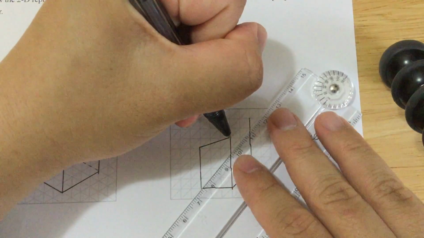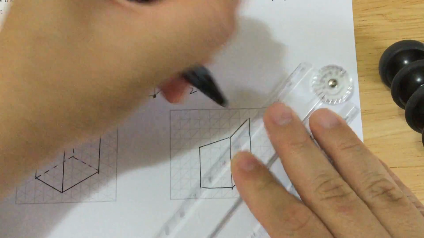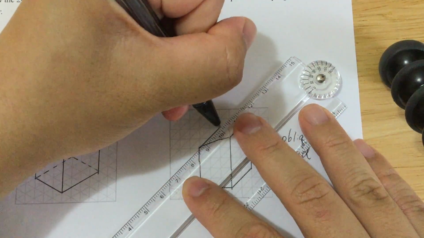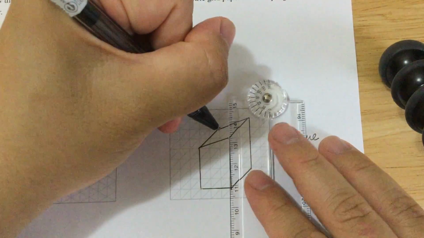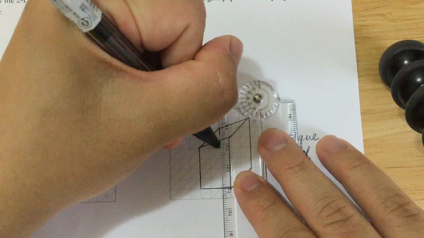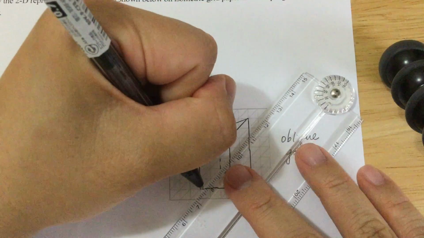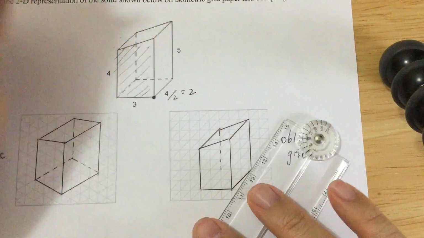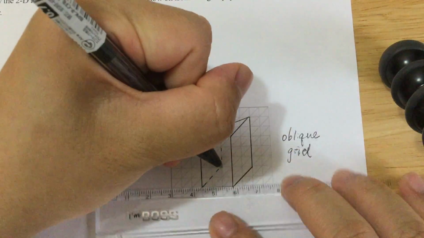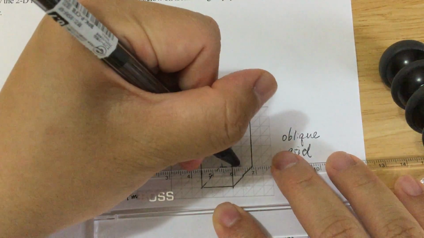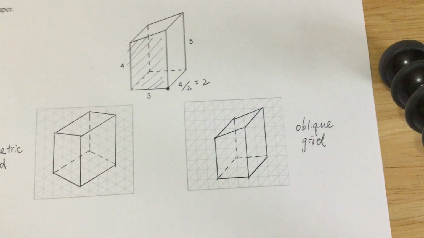Okay, now let me draw the other side. So we have 4, and once again 4, and then finally we draw the last line, and then we will draw the dotted lines also. Okay, now we have also finished this figure.